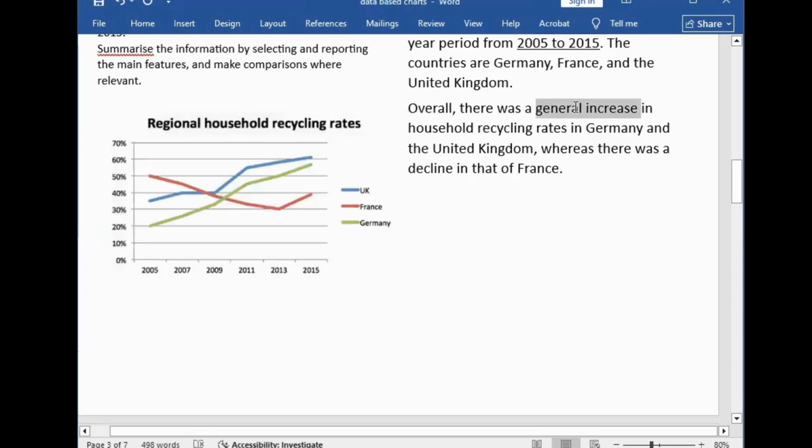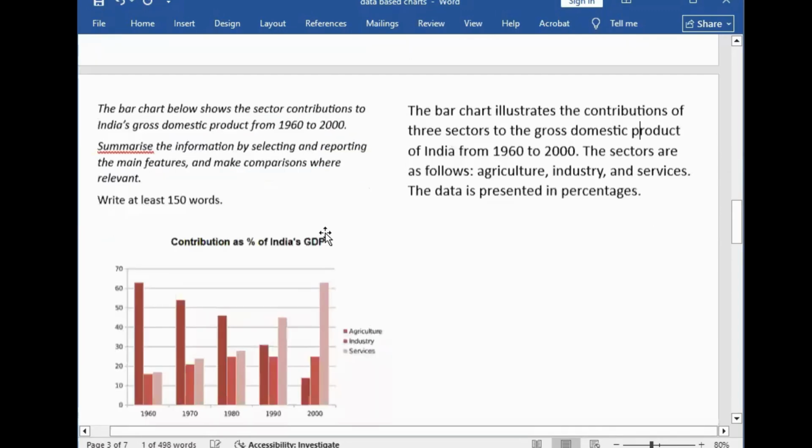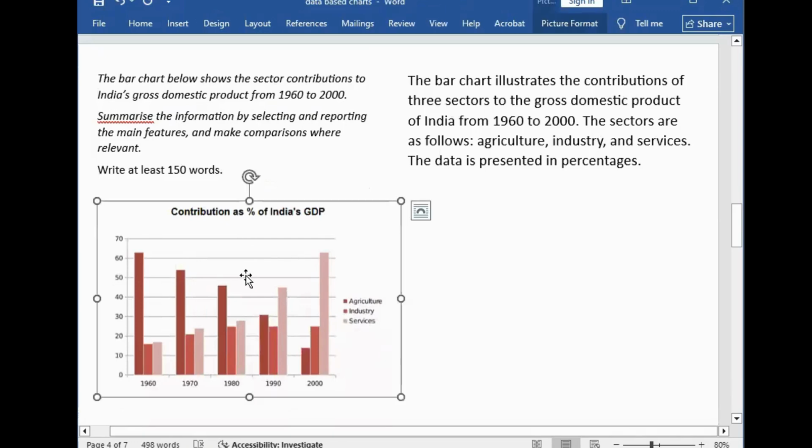General increase. Trend means you use words like increase, decrease, fluctuate, stable. Those are words that represent trend. I like to call it language of trend. Now for this one, I can use the first one of highlighting the overall trend, or I can use the majority, but I prefer to use trend here.